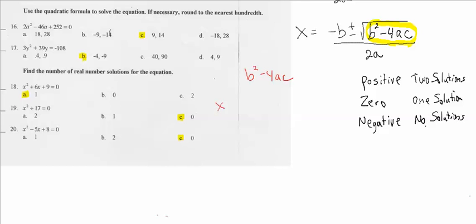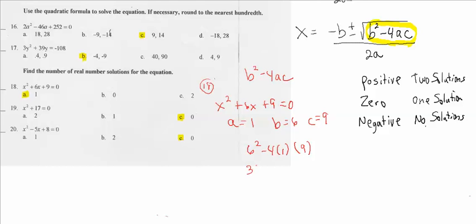So we've got x squared plus 6x plus 9. This is number 18 that we're doing. So we're identifying our a, which is 1, our b, which is 6, and our c, which is 9. And then we're going to go 6 squared minus 4 times 1 times 9.